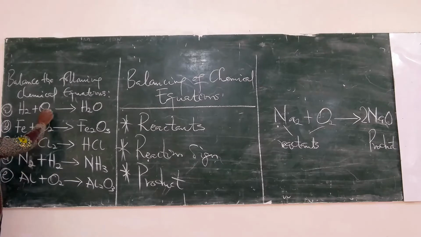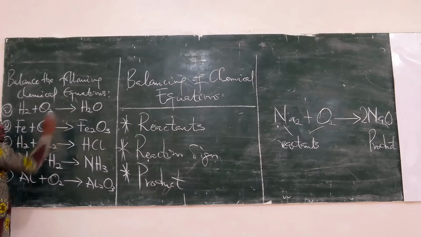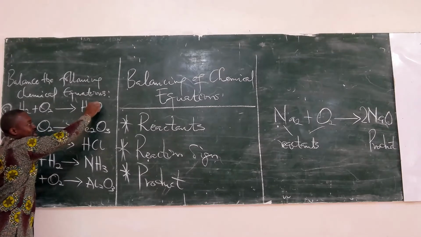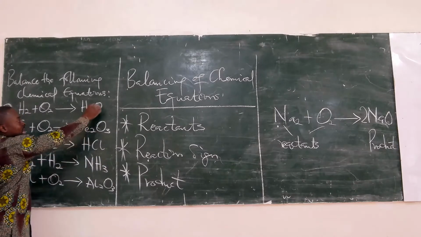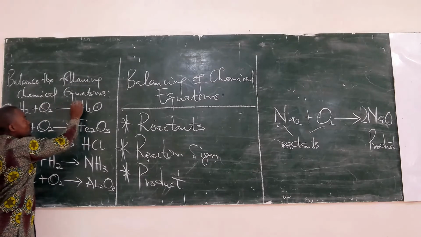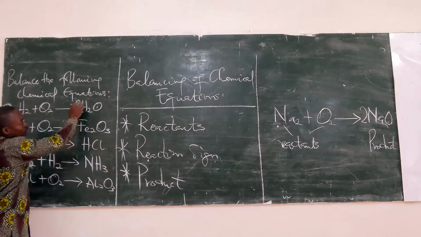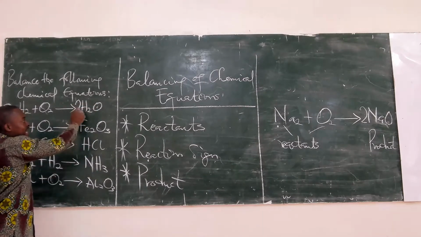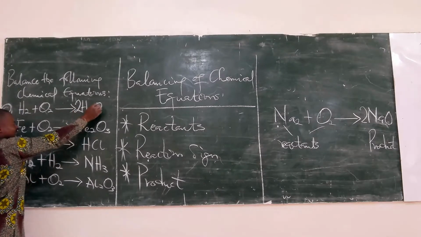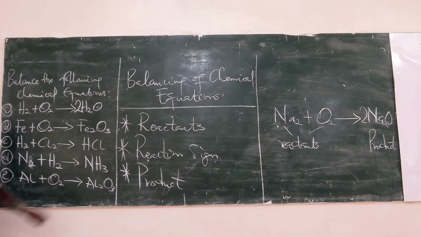But in the case of oxygen, how many oxide atoms do we have here? With your question 1, you are wrong. I'll mark you wrong. Hold on. So, if you consider the oxide atoms here, they are 1, but there are 2 at the reactant side. So you need to place a big 2 in front of the whole product. So you get 4 oxide atoms here, 2 oxide atoms, and then 4 hydrogen atoms at the product.